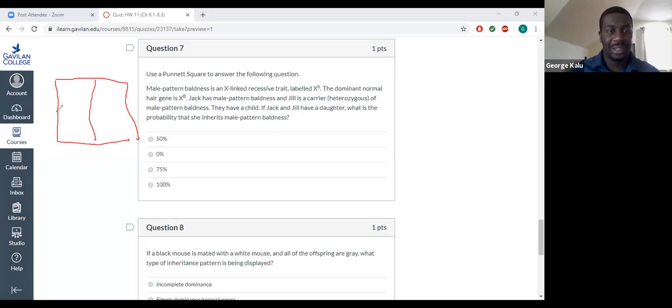We talked about Jack here being X little b Y. And then if Jill is heterozygous, if she's a carrier, what would her genotype have to be?